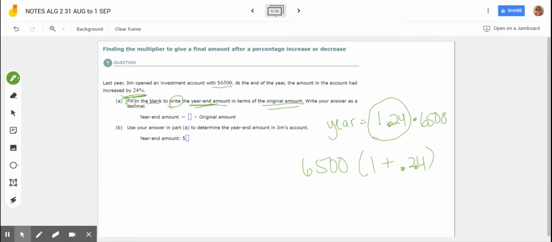Isn't 1.24 the same as 1 plus 0.24? So that's the first year, 6,500, and the 0.24 is the extra amount. So 1.24 goes here, and then multiply it out. So you get 1.24 times 6,500.